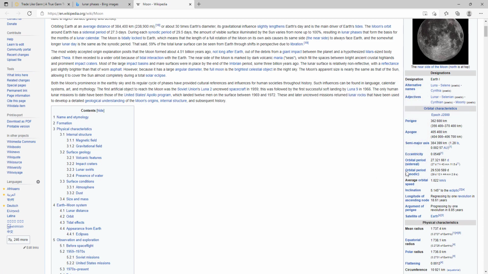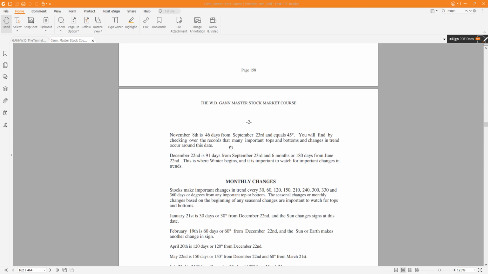You can go and check this out, but the important number that you should note to find the real time cycle by W.D. Gann is 27.32. Also this 18.61 years is important, not for the lunar cycle, but for something else in the book.